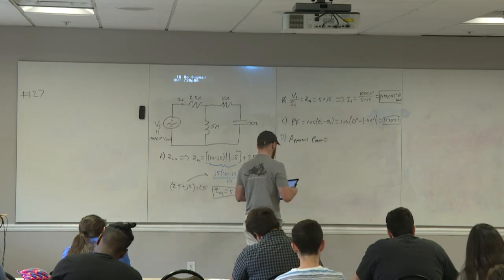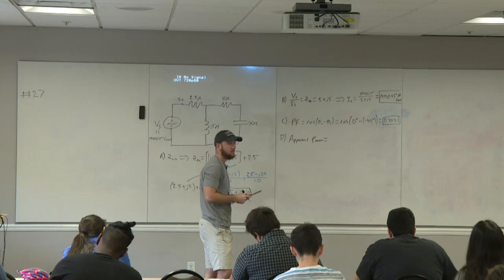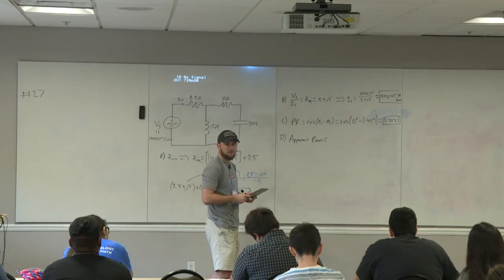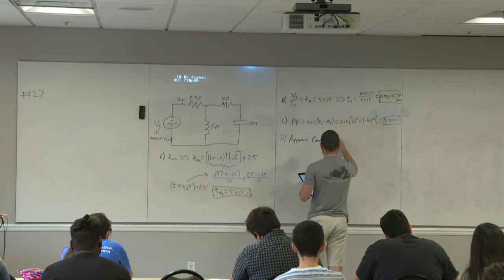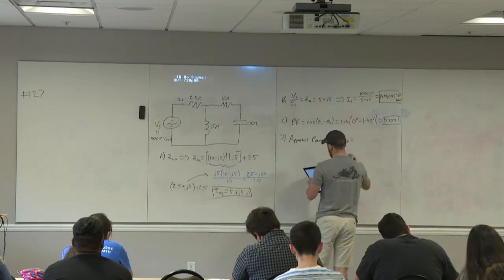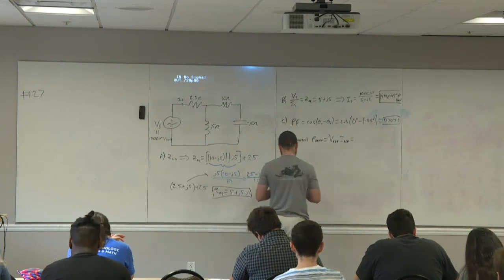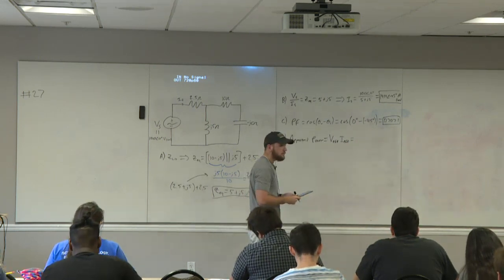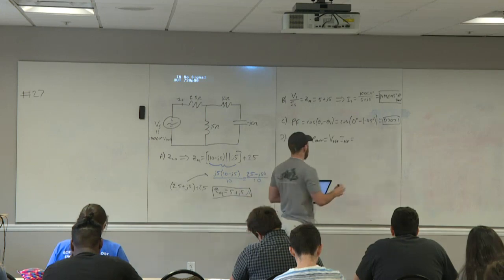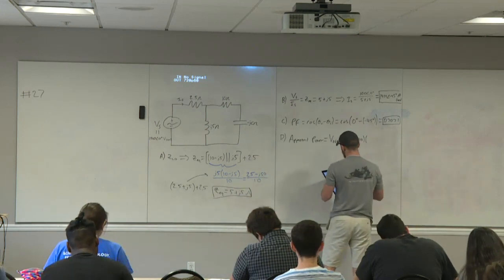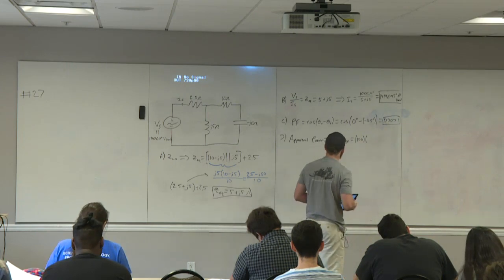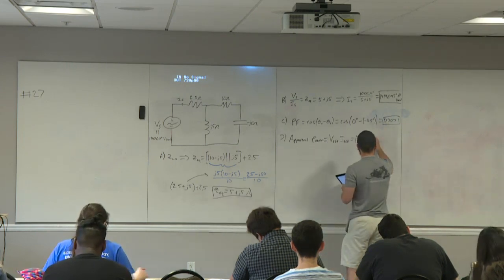So apparent power, does anybody know what that is equal to? V effective times I effective. So what is our V effective value? 100. Okay. And then our I effective? 14.14. Okay.